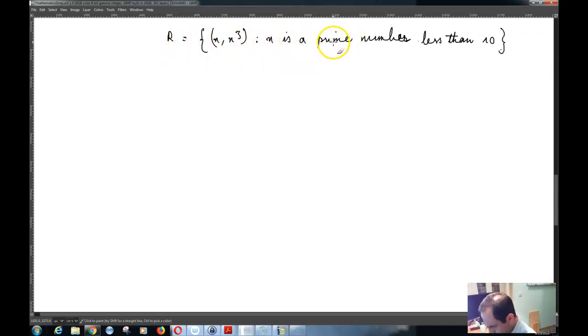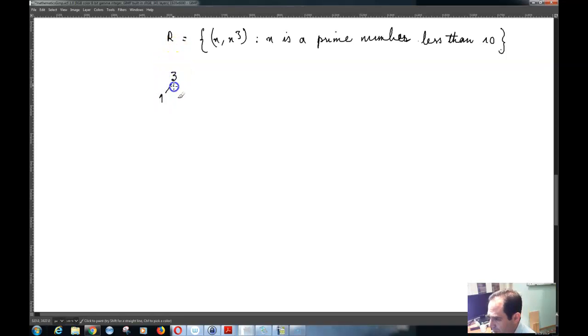So the prime numbers are starting from 1. You know that a prime number is basically a number that has two factors, 1 and itself, meaning that, for example, 3 is a prime number.